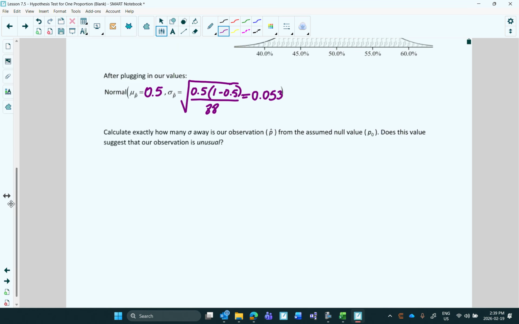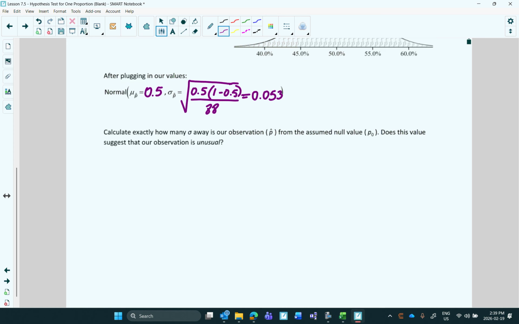First of all, we have to calculate how many standard deviations our observation, 56%, is away from 50%, or 0.5.